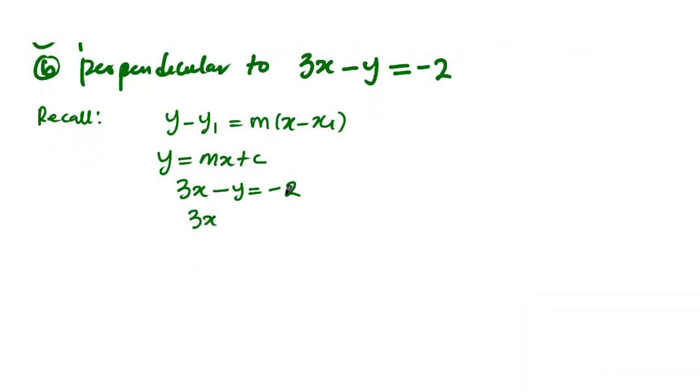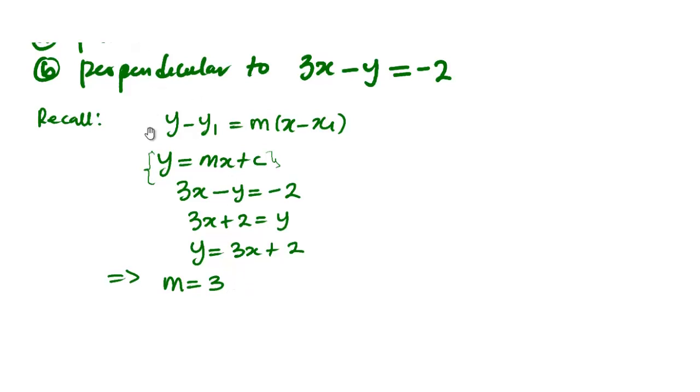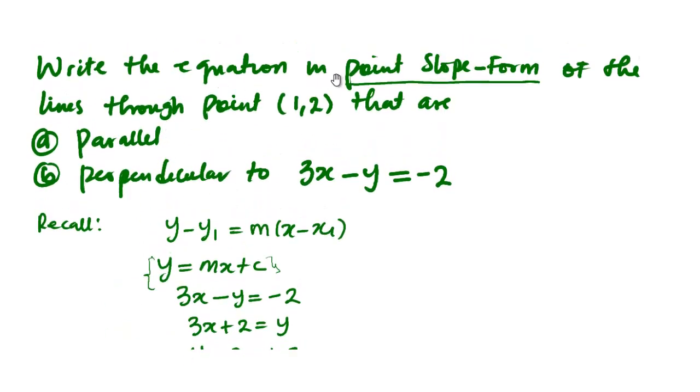The 2 is coming in; if it crosses the equality sign, it will become plus. So 3x plus 2 equals y. So y equals 3x plus 2. It actually looks like the slope-intercept form. So this implies that my slope is equal to 3.